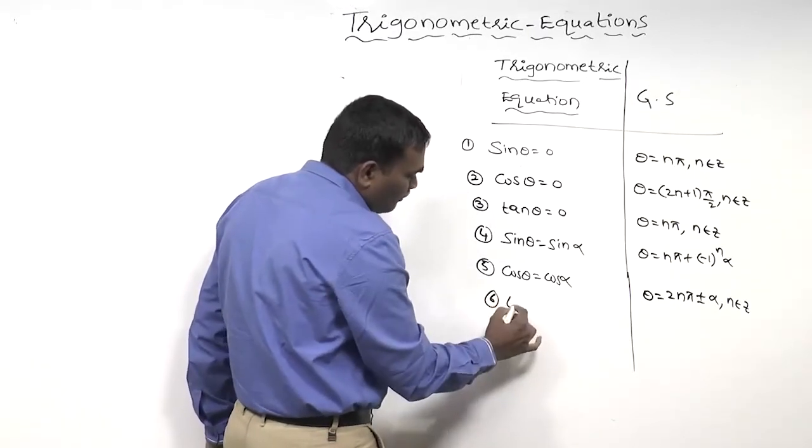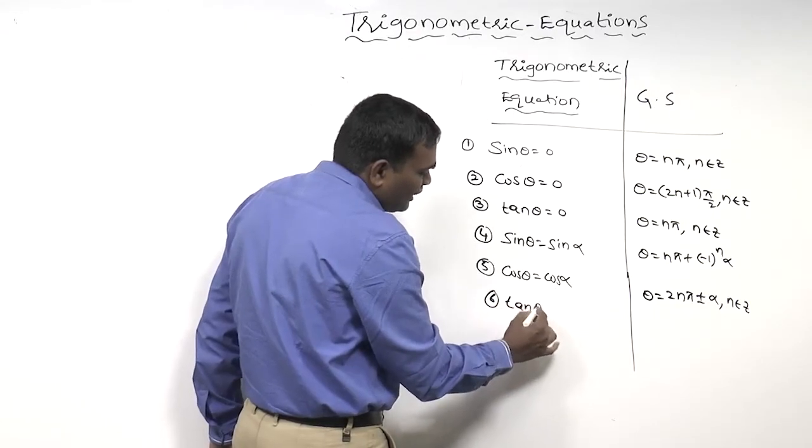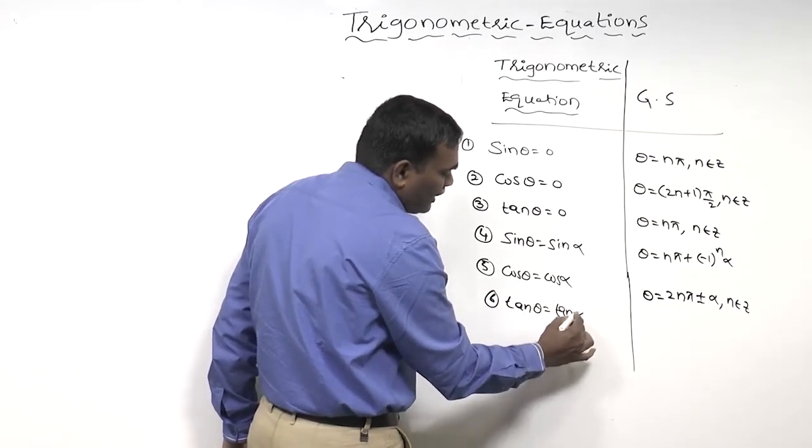Next, come to tan theta is equal to tan alpha. What is the solution?